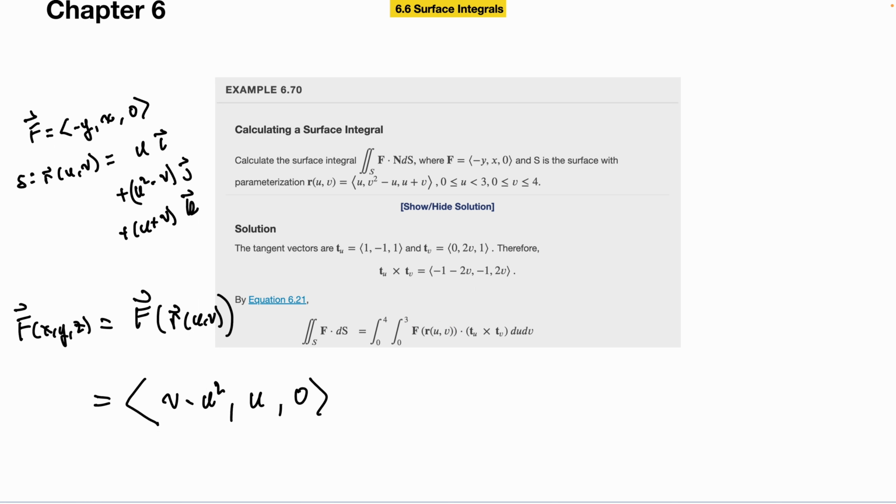Okay, let's go through and read. We want to compute the vector field over the surface for this vector field and this surface. Good. Our parameter domain is a nice rectangle in the UV plane with u's coming from 0 to 3 and v's coming from 0 to 4.